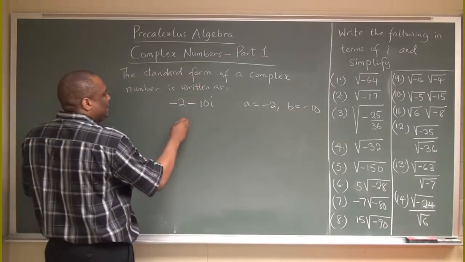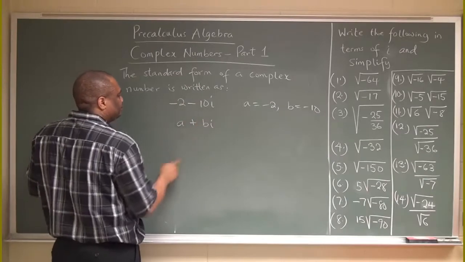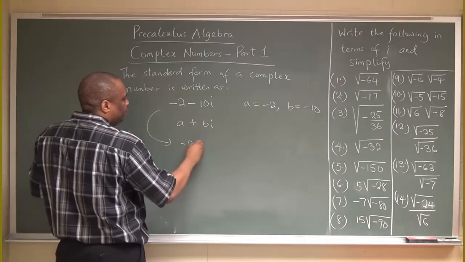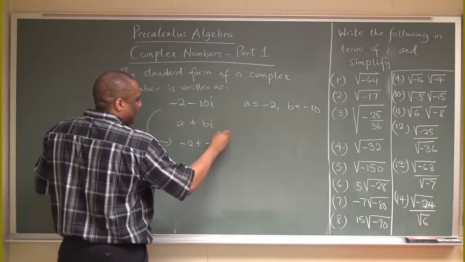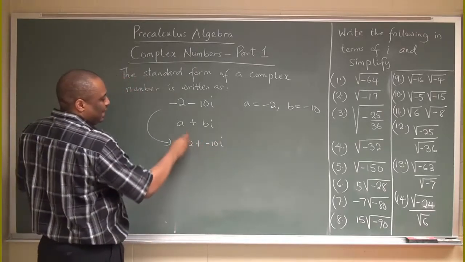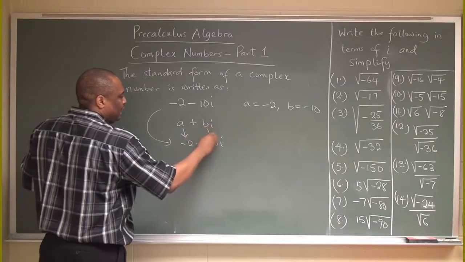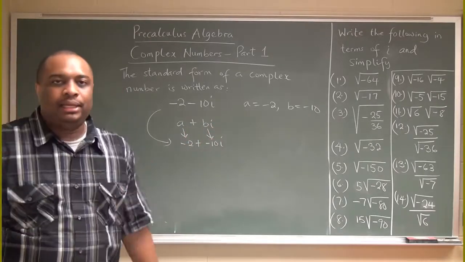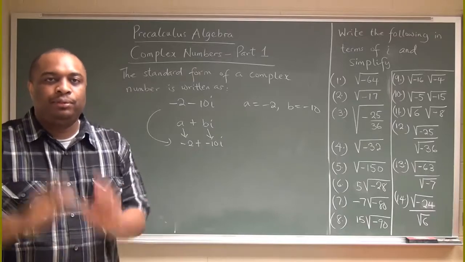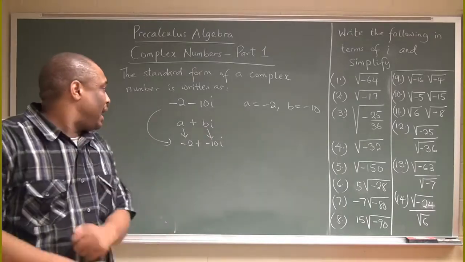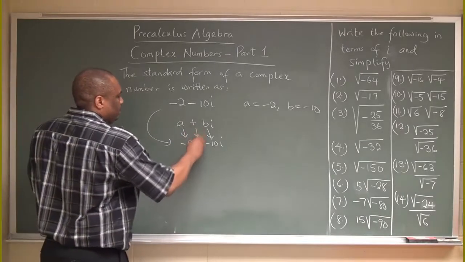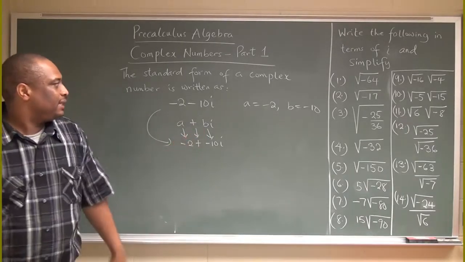Because you can write this as A plus BI, and if you do that, this will be -2 plus -10i. Because -2 minus 10i means -2 plus minus 10i. So this plus is this plus. A is -2 and B is -10.